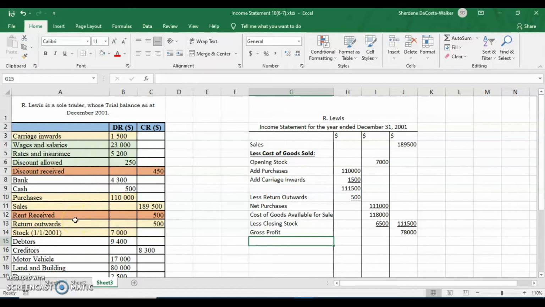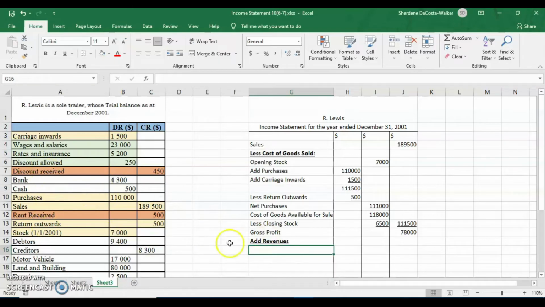So the first thing we do is to add our revenues. If there's no revenue, then you can ignore this, or basically leave out this section. So we're going to bold that to show that this is a heading as well. So we're going to have our first set of revenues.